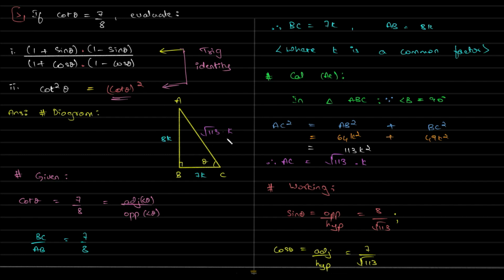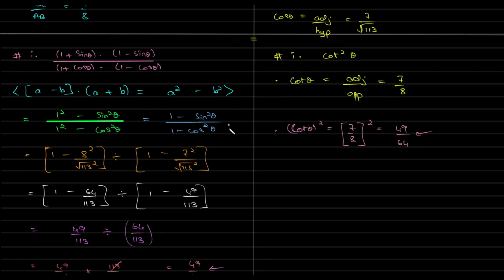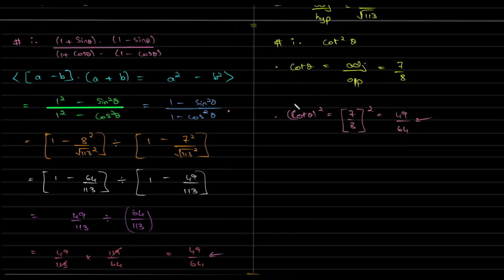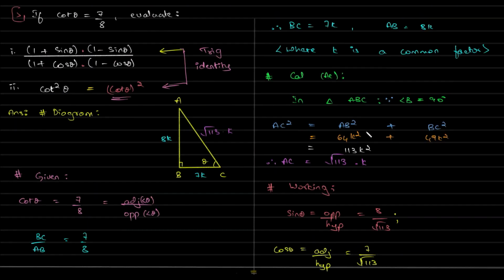I need not find the hypotenuse itself. So all this will go away, and only this many steps. After this, a few more steps, and you'll get the same result, 49 by 64. Quite simple. So pause and have a look.